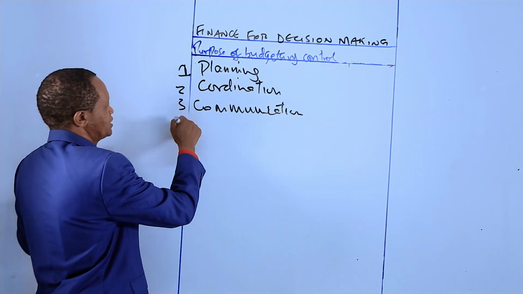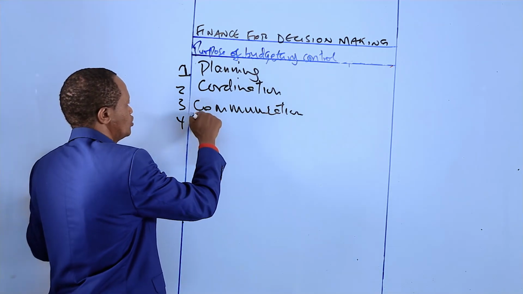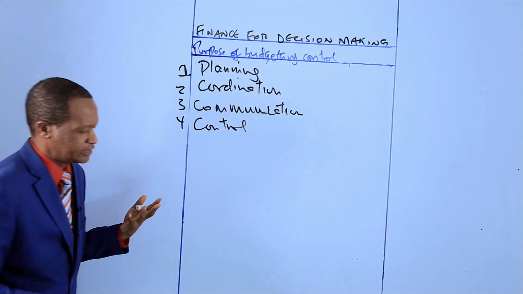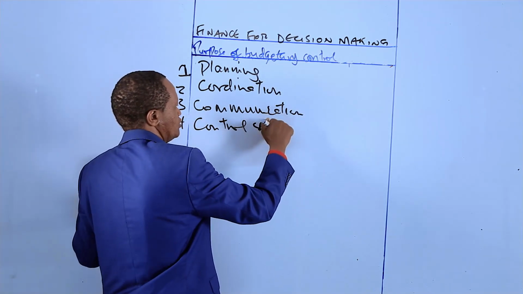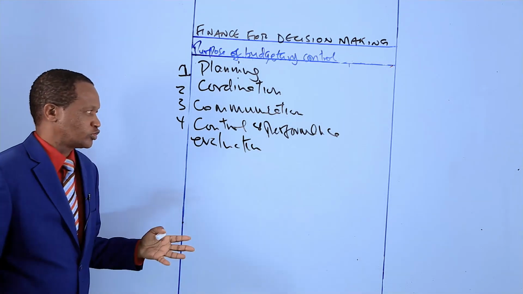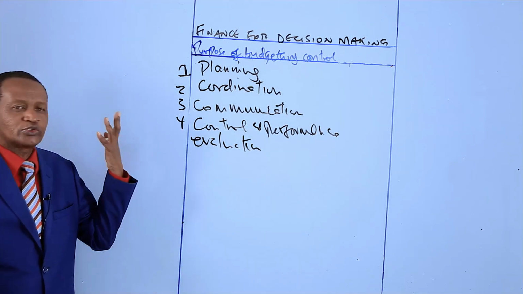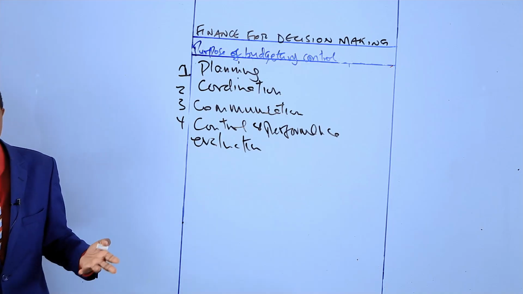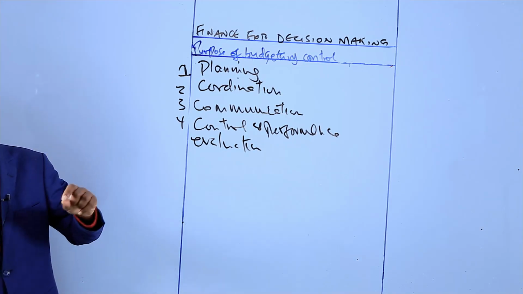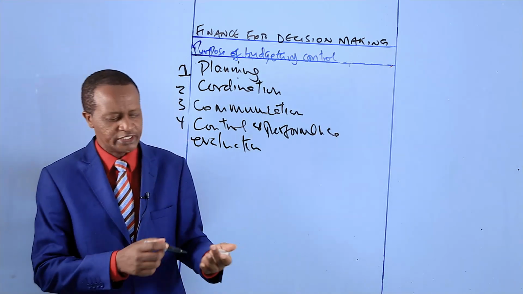Another key purpose is control, and say performance evaluation. Budgetary control is a tool for control and also a tool for performance evaluation, because that is achieved by establishing a standard, which is a budget.